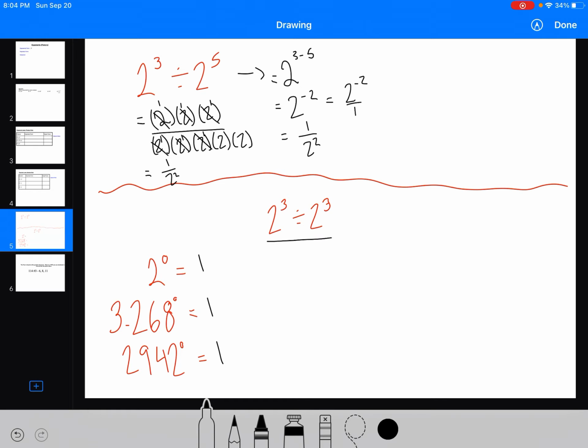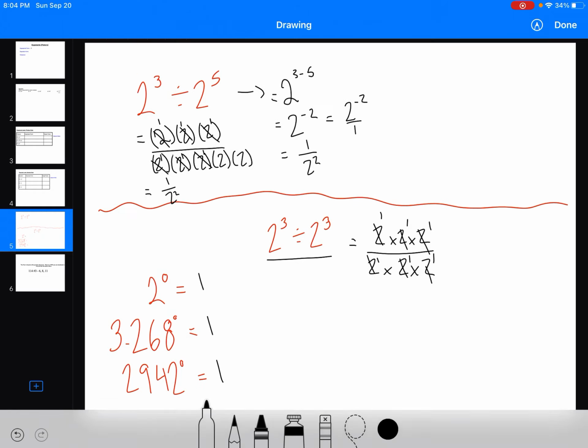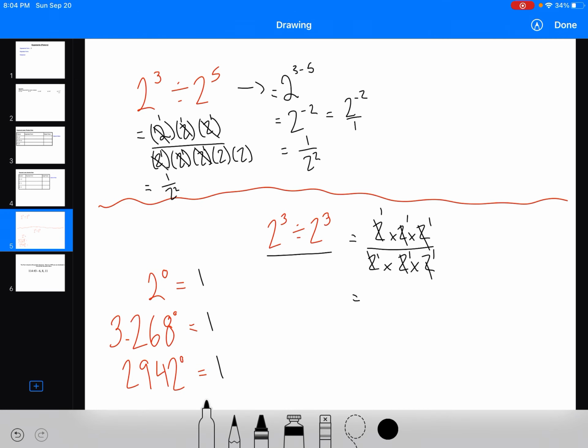Okay, so if I look at this rule, we're going to have this is 2 times 2 times 2, all divided by 2 times 2 times 2. Well, those cancel, those cancel, those cancel, and they've all changed to 1s. So we're left with 1 to the 3 over 1 to the 3. Well, that's just 1.